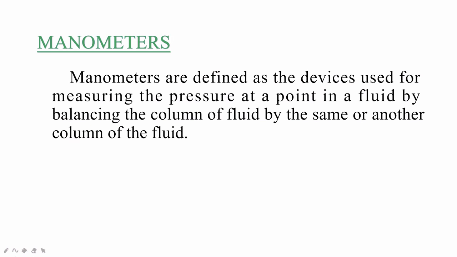This device has a column. When you go through the image, you will get to know what this column is. Just note down: manometers are defined as the devices used for measuring pressure at a point in a fluid by balancing the column of fluid by the same or another column of fluid.